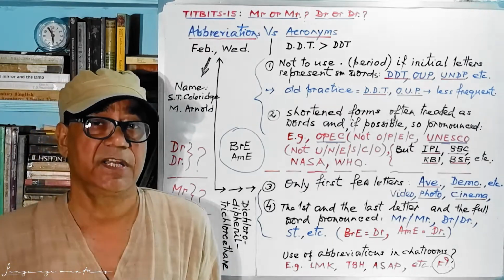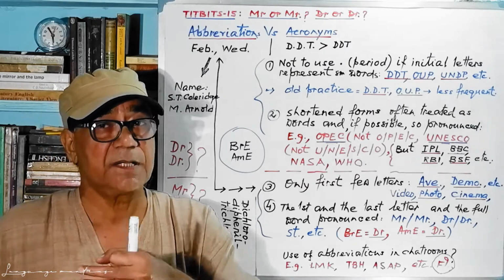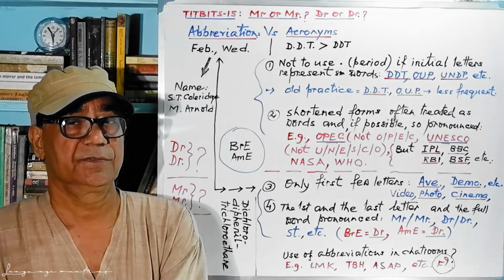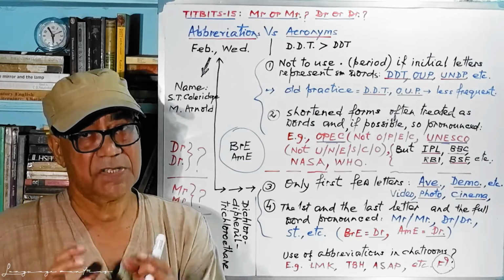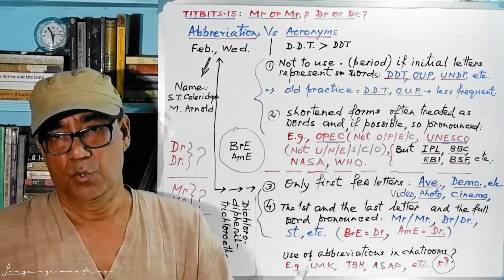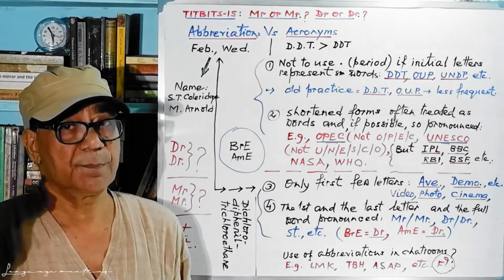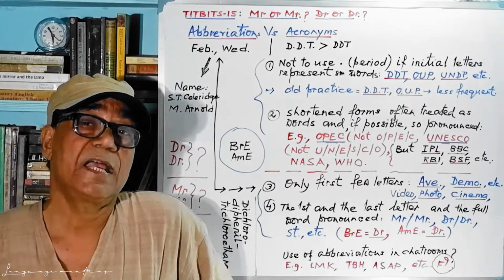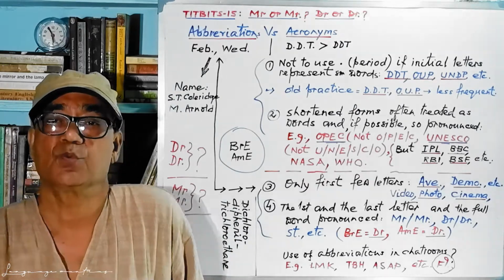But there is another tendency that we try to treat and pronounce these acronyms like words, although they are not words. They are representing many words or a longer definition, but in spite of that, there is a tendency to use them as words, and sometimes they are pronounced as words.